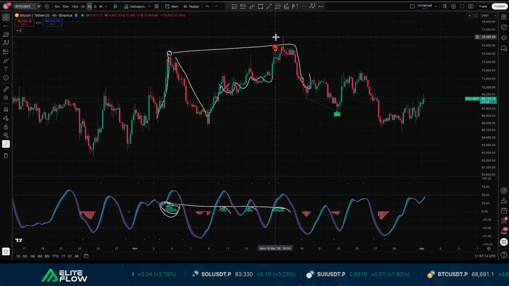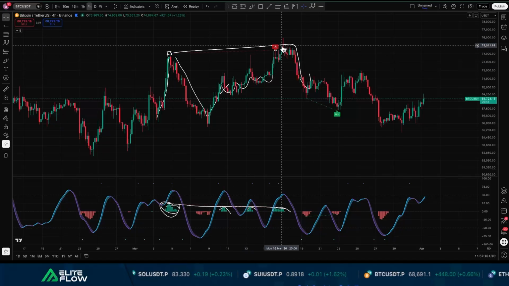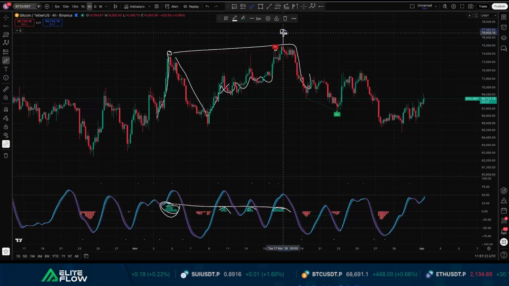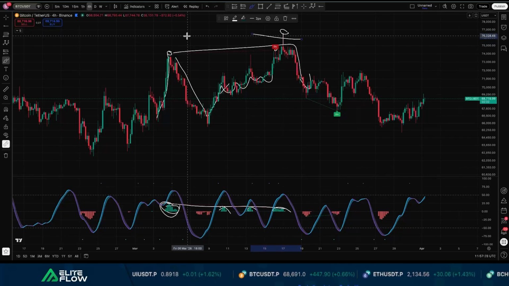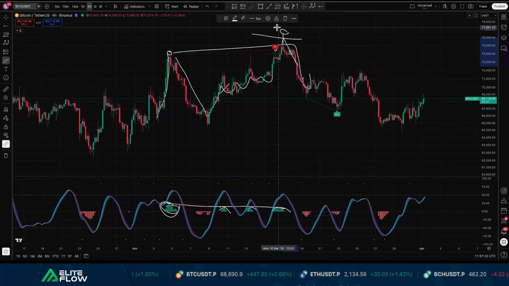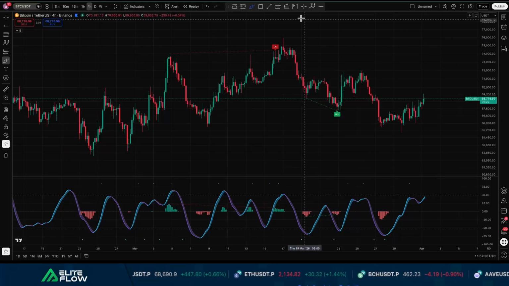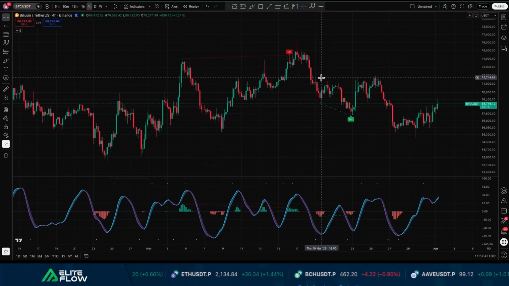You look at other things, like, say, the heat map would tell you this is an SFP wick and you've just gone to grab some liquidity, or there's a level here that was important, or the pivot, an area here that was resistance, you've just touched it and then gone down. So that goes back to telling you that you need to cross-reference a lot of different things, a lot of our different indicators, to make sure that per trade you'll have a higher probability of success.